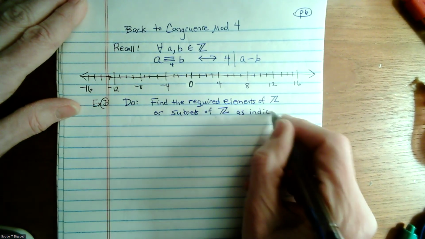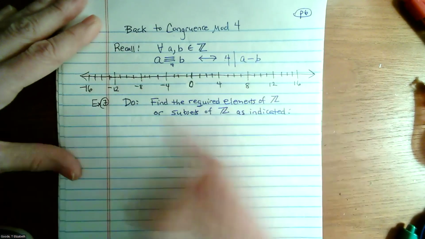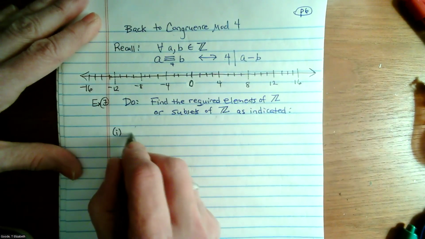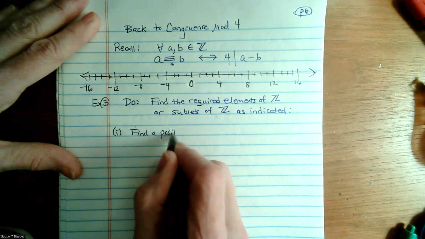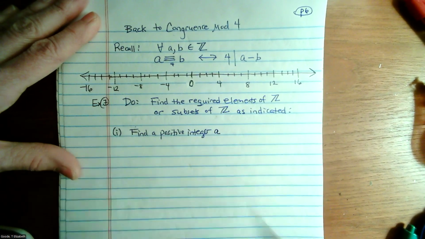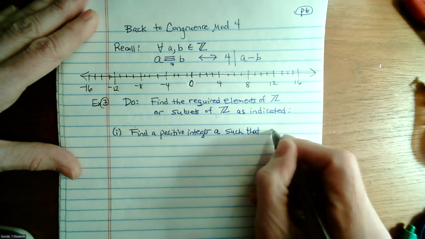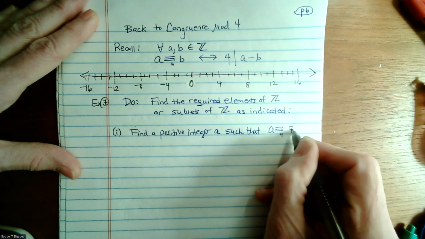Okay, so I'm going to set this up and we're going to use this number line as a reference. 1. Can you find a positive integer A such that A is congruent mod 4 to 7?